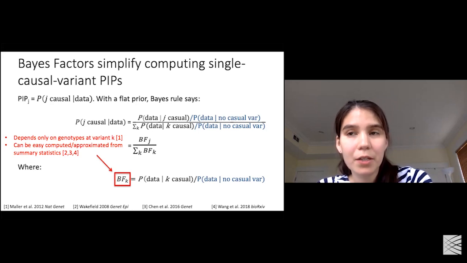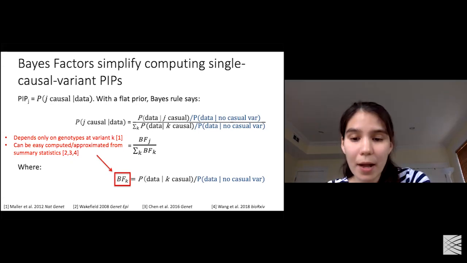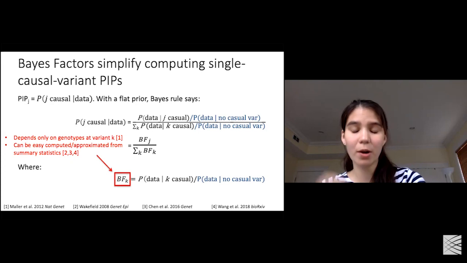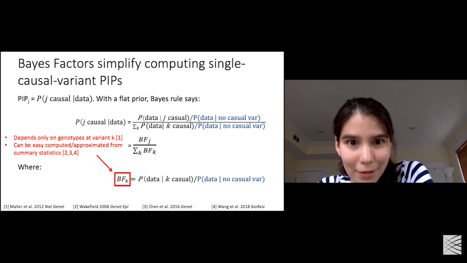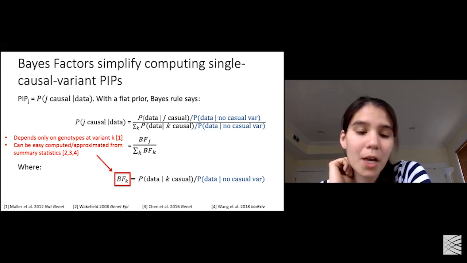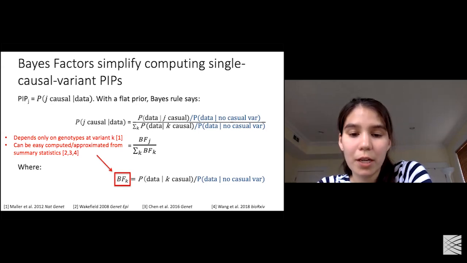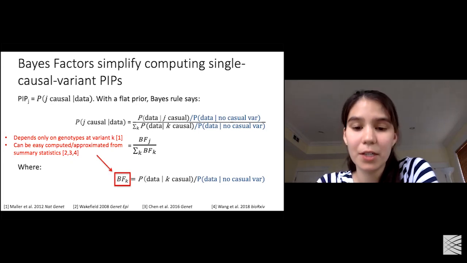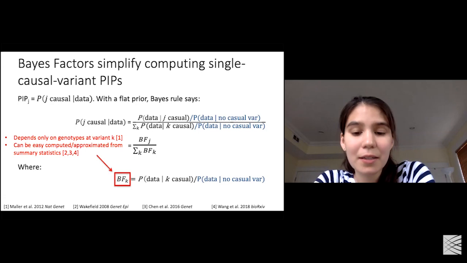You can see this, for example, if you're looking at a linear model, the standard model for quantitative traits that we usually write down. You can write down the normal likelihoods and watch things cancel, and then a bunch of stuff disappears and you wind up with something pretty simple. But there are also probabilistic arguments in both Maller et al. and Wang et al. that show that whether you're conditioning on X or consider X to be part of your data, again you get this canceling.